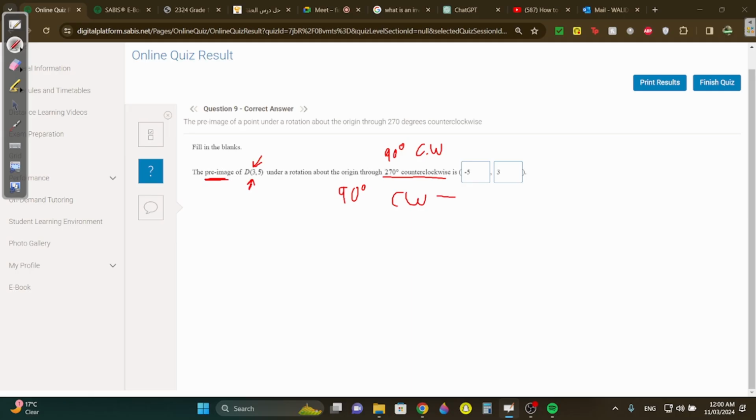We said 90 degrees clockwise is A comma B goes to B comma minus A. So this A comma B went to B comma minus A, and it became 3 comma 5. So can we find A and B? Yes, we can. B is 3 and negative A is 5, so A is negative 5.